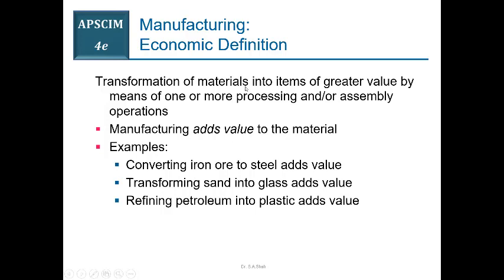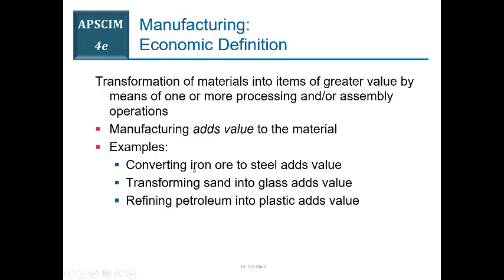So any activity that will be carried out in a manufacturing system will be adding value or capital to the product. Like for example, converting an iron ore into steel, it adds value.